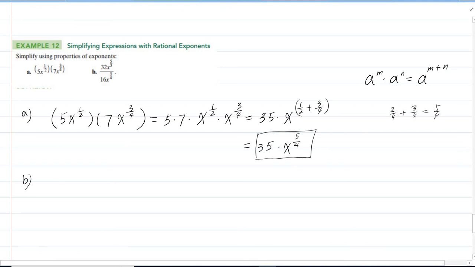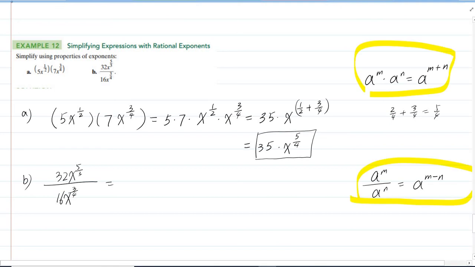Part B, you have 32x to the 5 over 3rd power over 16x to the 3 over 4 power. That will be the same formula as this: a to the m power over a to the n power. So you can just write it as the same base, and then I can write it as a to the m minus n power.